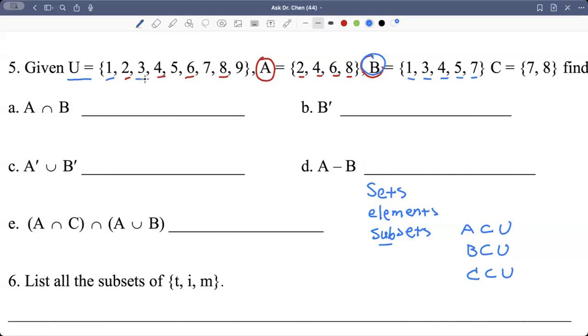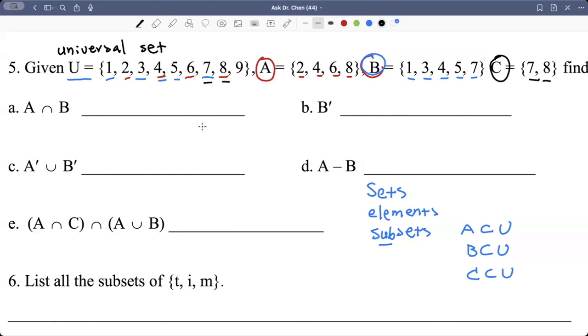So B is contained also in U. B is a subset of U. C, let's use black color, contains 7 and 9, and 7 and 9 are here. So U contains A, B, C. So we can consider U as a universal set for this question.